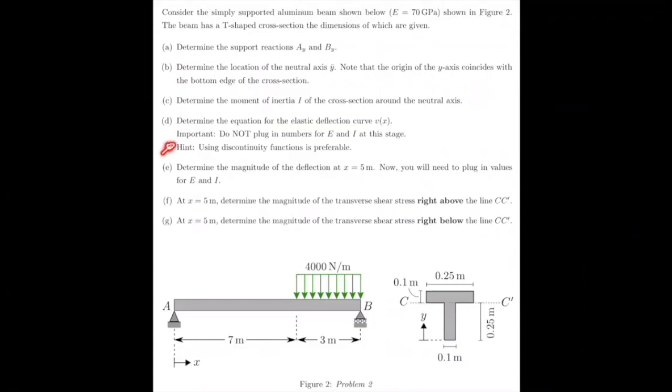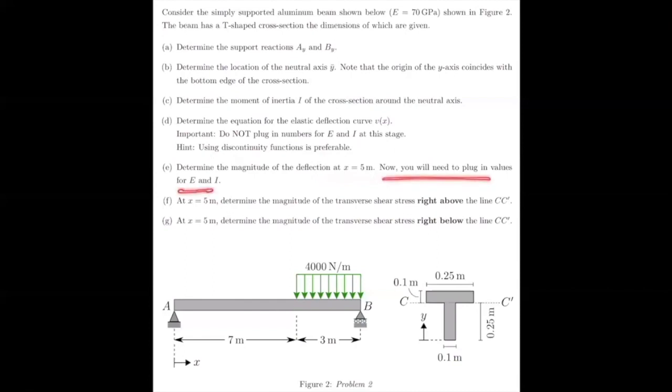It also gives you a hint that if you use discontinuity functions, it's preferable, and you don't have to use your EI. It just asks you to calculate them as parameters. Determine the magnitude of deflection at x equals 5.